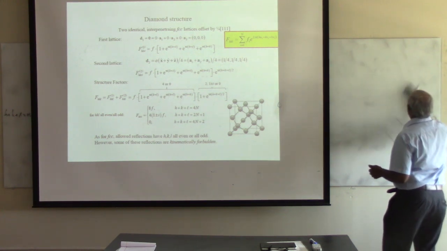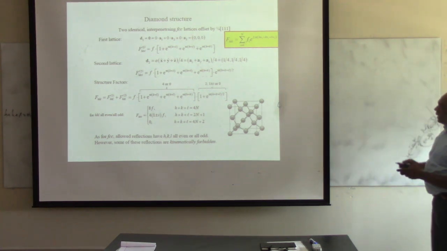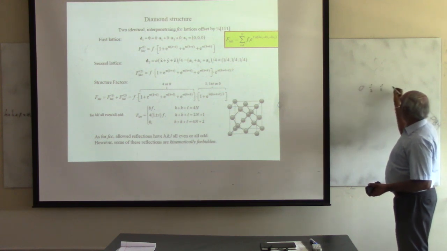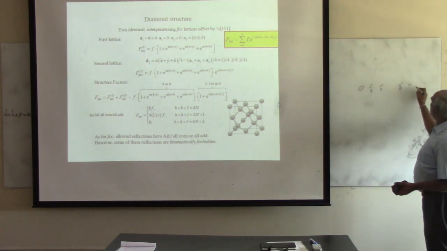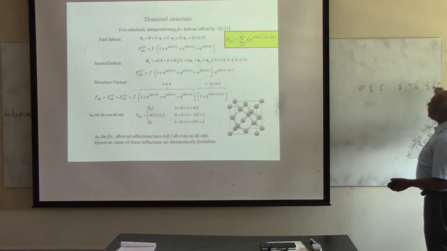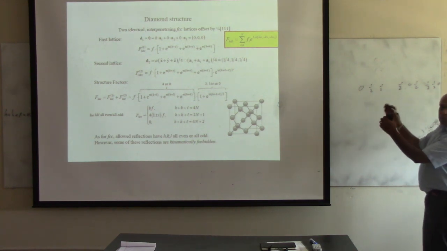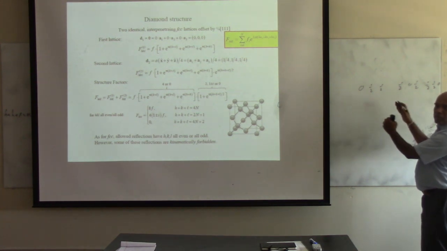So this is FCC, right? So you can have just like before half, half, 0. So like that, then you can have everything shifted by quarter.